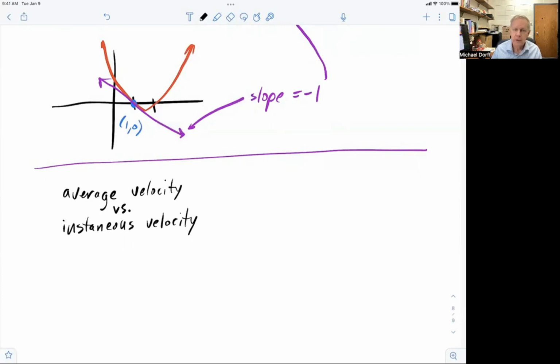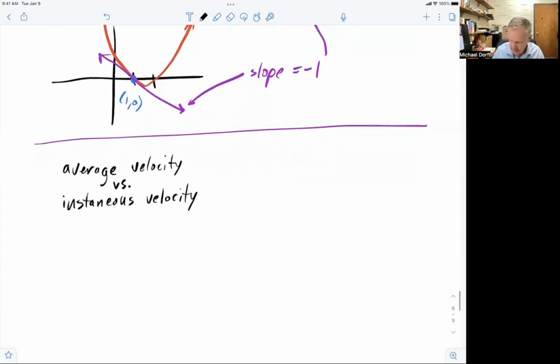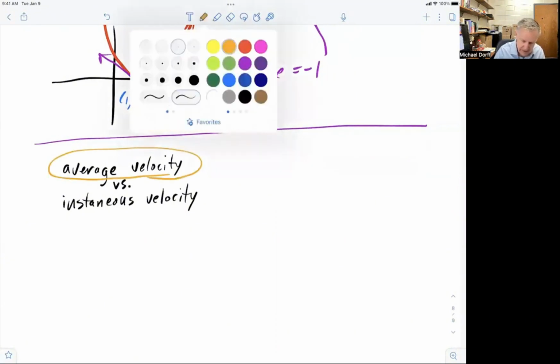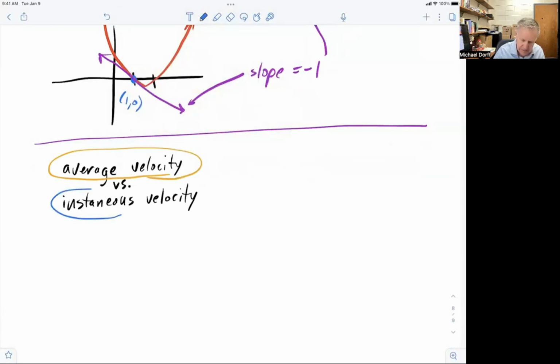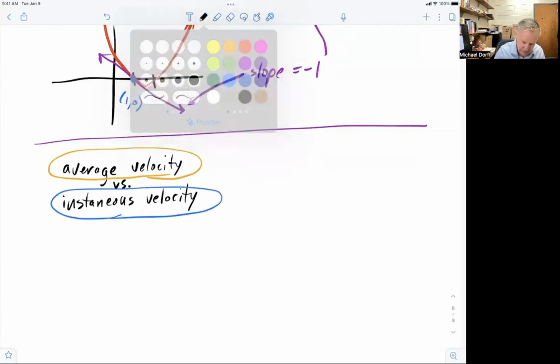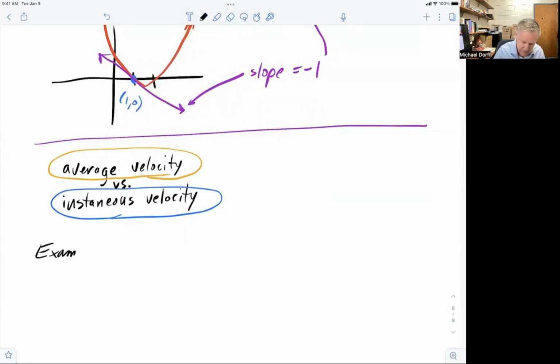Instantaneous velocity is what we just did with calculus. That's where we only have 1 point. So be careful to notice if you're doing your homework and it says average velocity, you're doing one thing, and if you're doing instantaneous velocity, you're doing something different. So let's give an example that shows how both of these are computed.